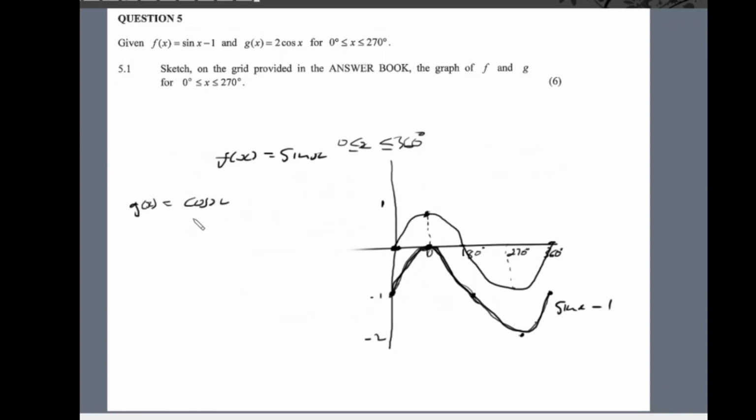Right, now the standard function will look like this. For x between 0 and 360, you'll have 90 degrees here, 180, 270 and 360. Right, now here you'll have 1, and then the graph of course will look like this.